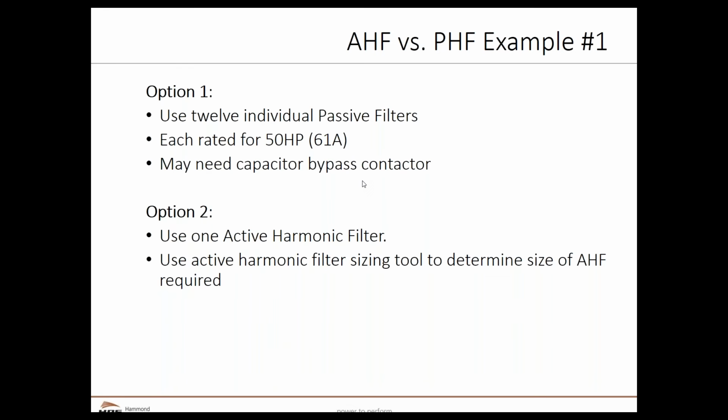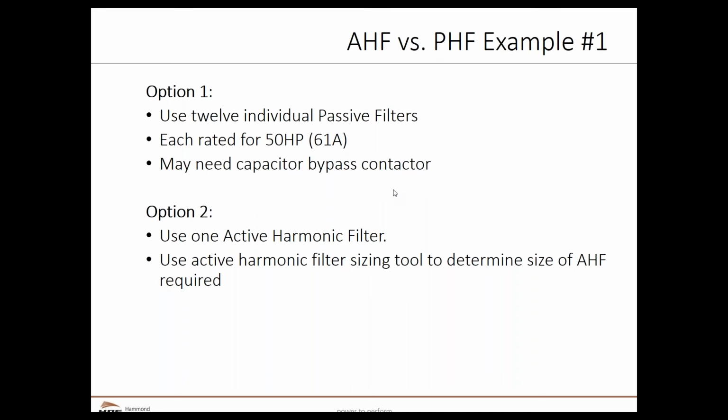So the first way to tackle this one would be to use a passive harmonic filter for each of the 12 VFDs. Since any of the VFDs could run together, each one needs to have a filter. Each filter would be rated for 50 horsepower or 61 amps. There might also be a need for filters to have capacitor contactors.